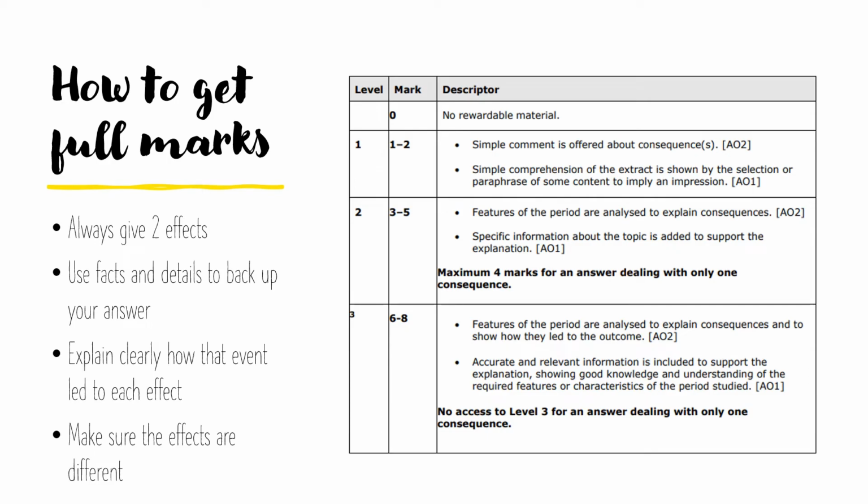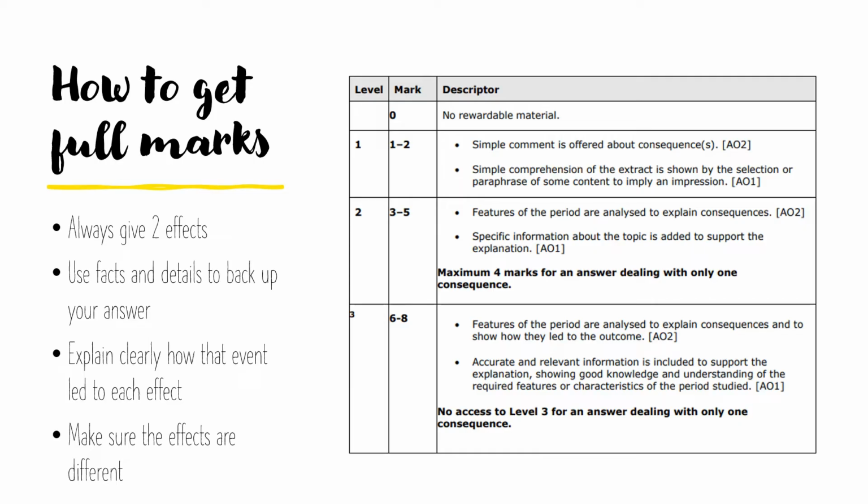So here you see in the level 2 descriptor, maximum 4 marks for an answer dealing with one consequence. This means that if you only do one effect, you can only get 4 marks maximum, so only half the marks. So in order to get level 3, this is what it details for it.